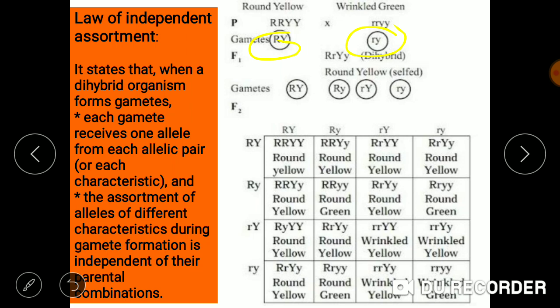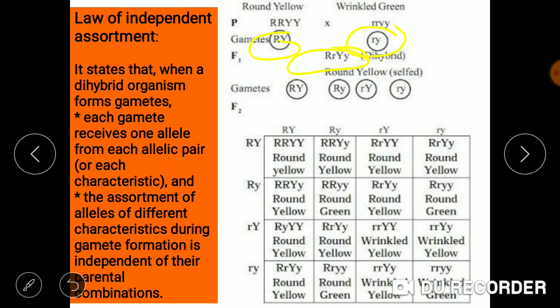Okay. Now we'll find out the first filial generation. The filial generation is obtained by crossing between the two gametes. When the crossing is done, all the offspring obtained are capital R small r and capital Y small y, which means all the offspring in the F1 generation are heterozygous as well as a hybrid variety.